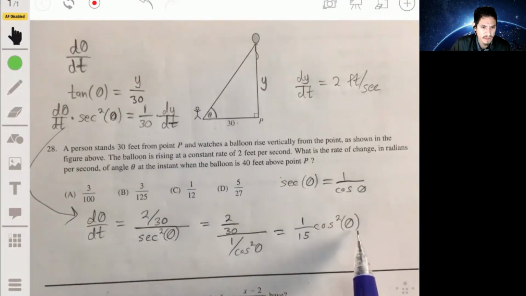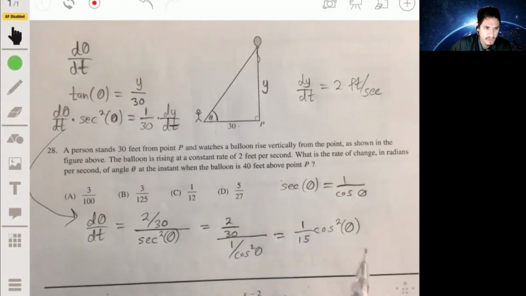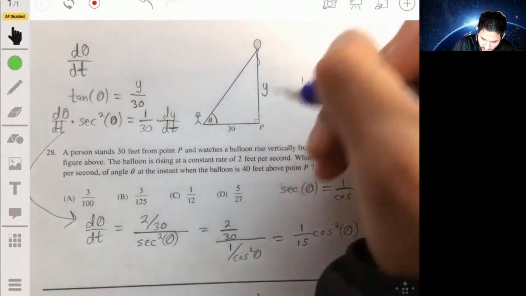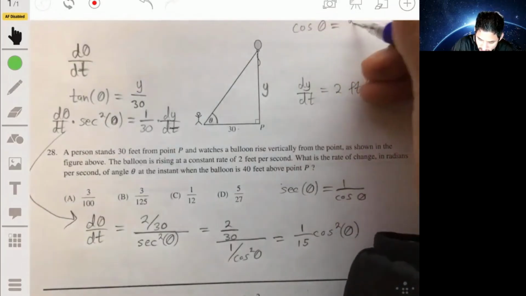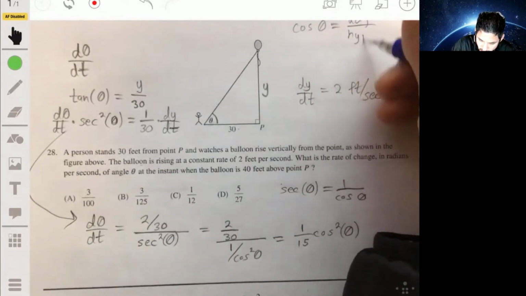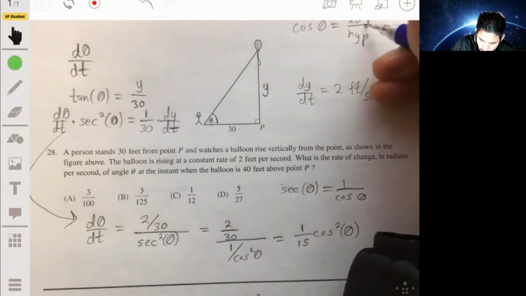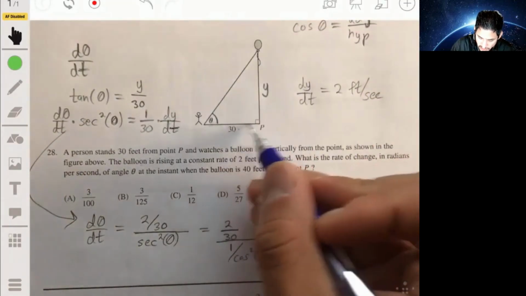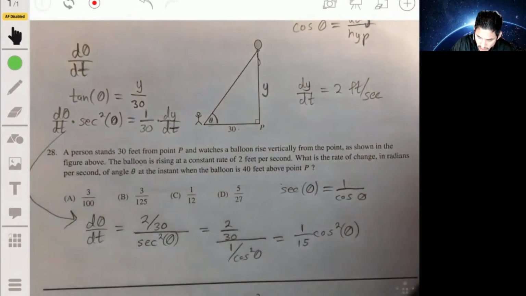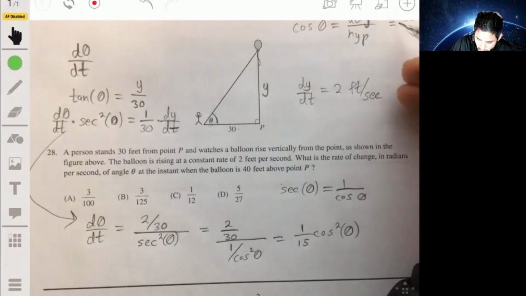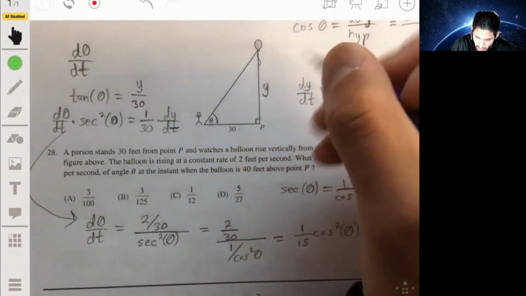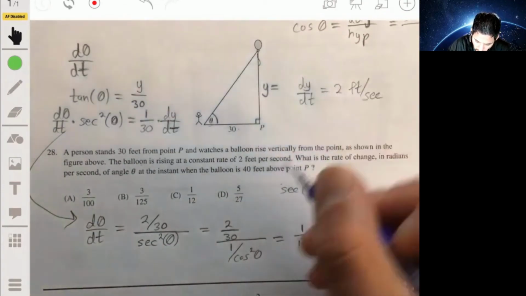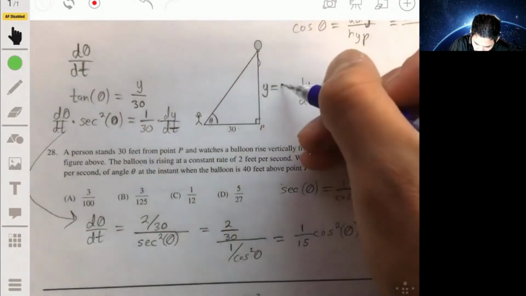And now let's just find what the cosine of theta would be. Remember, the cosine of an angle theta is equal to the adjacent over the hypotenuse. The adjacent side is 30. The hypotenuse would be this, since this is a right triangle. And we're evaluating for when y equals 40.